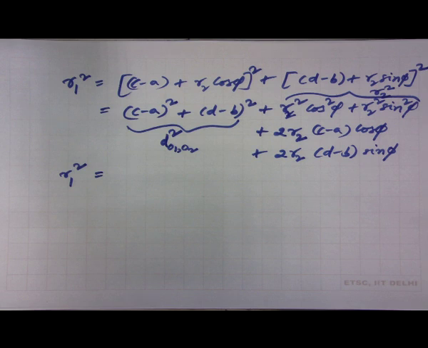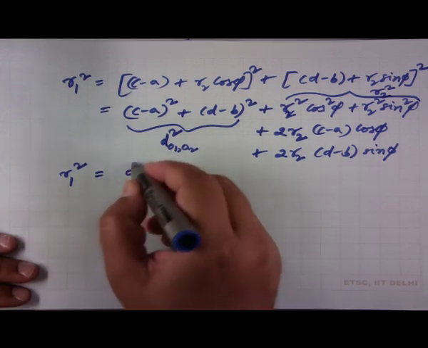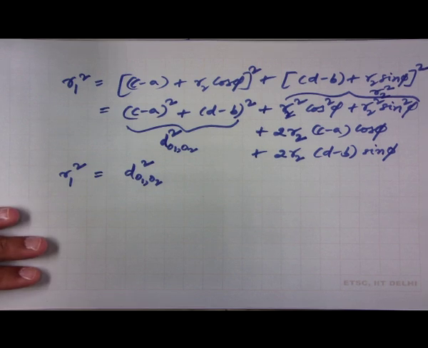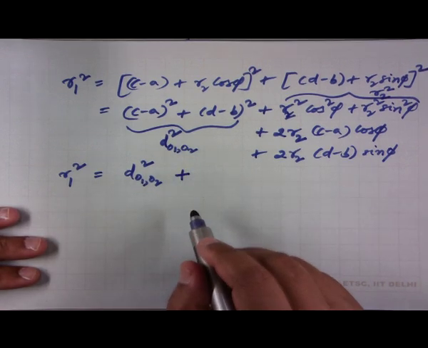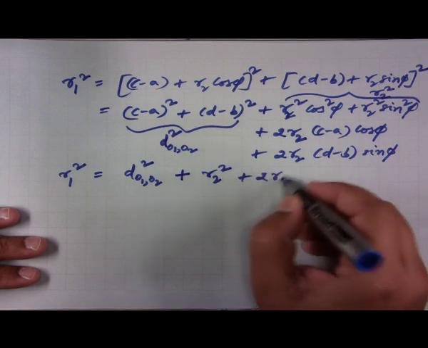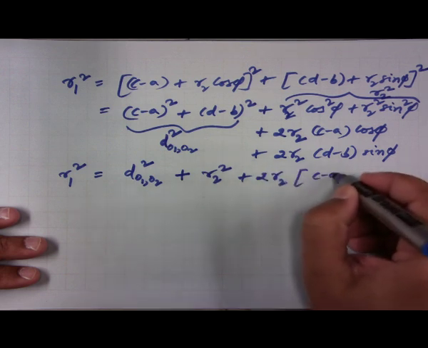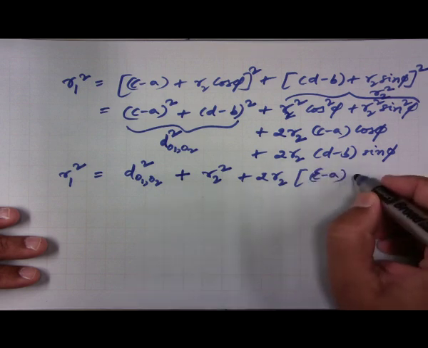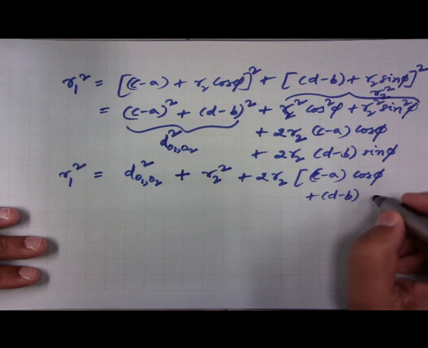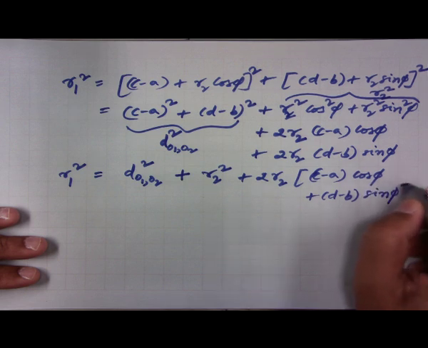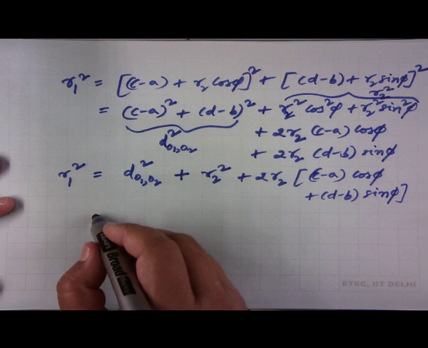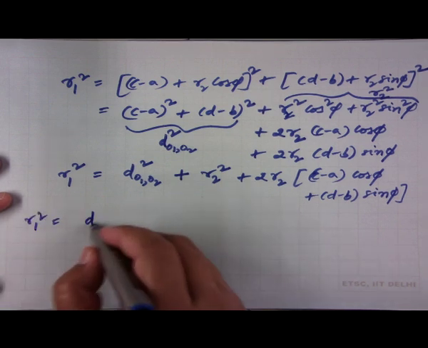So, therefore, we have r1 square equals the squared distance between the centers plus r2 square plus 2r2 into c minus a cos phi plus d minus b sin phi, and then we do a little manipulation here.